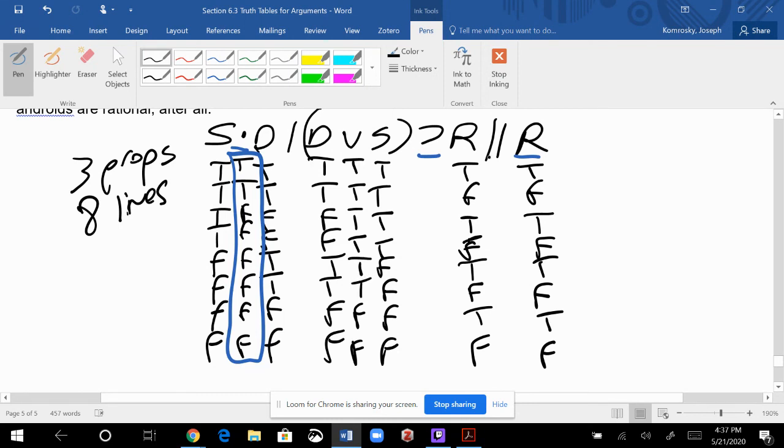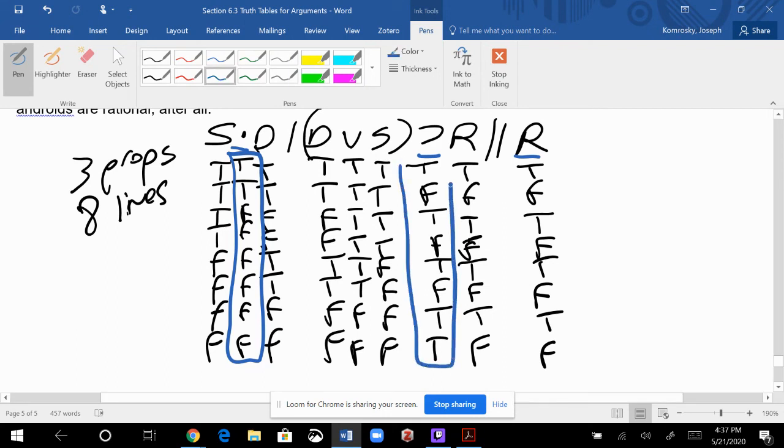Then I got to solve for this horseshoe over here. So I go with my routine. I look for a true antecedent and a false conclusion, and then I know the whole thing's false. And then just like always, I know everything else is true. And so we'll go. And then we simply know that this one's already done because it's just the proposition itself.